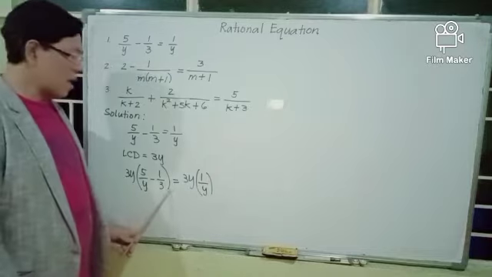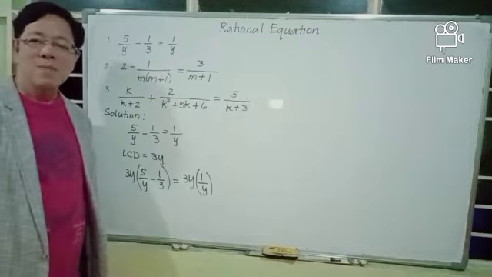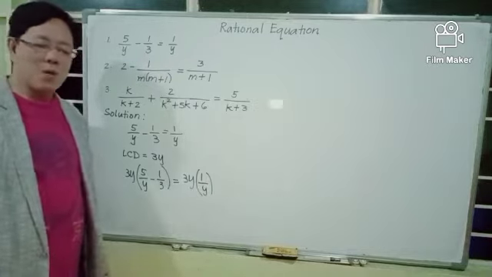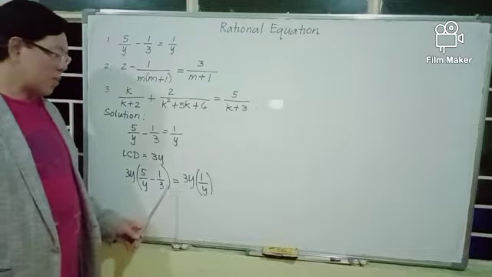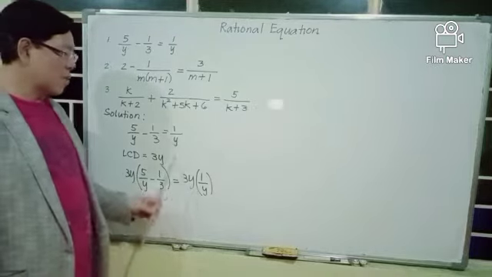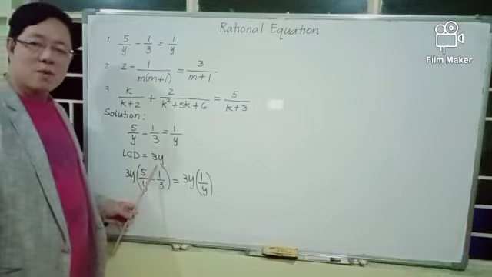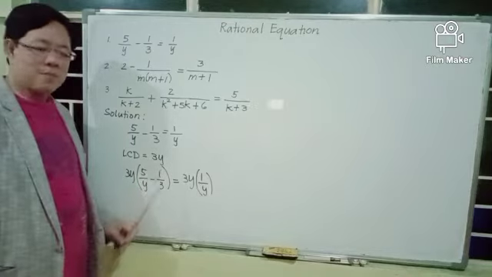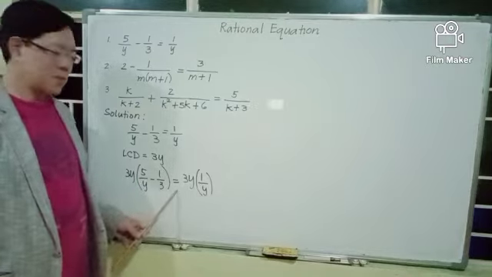And here we are actually applying the multiplication property of equality, which says that if you multiply both sides of an equation by the same quantity 3y, the equality remains true.